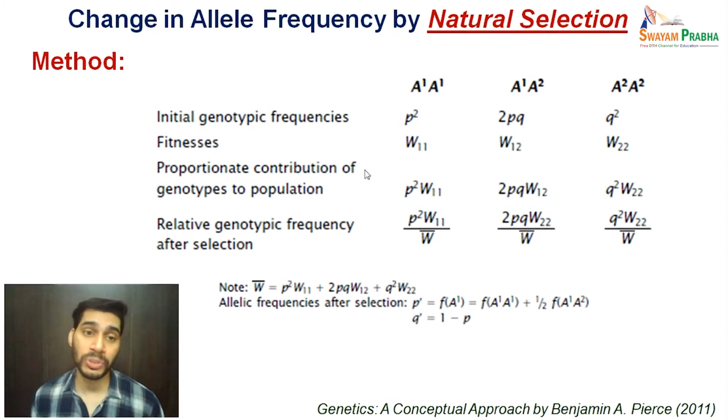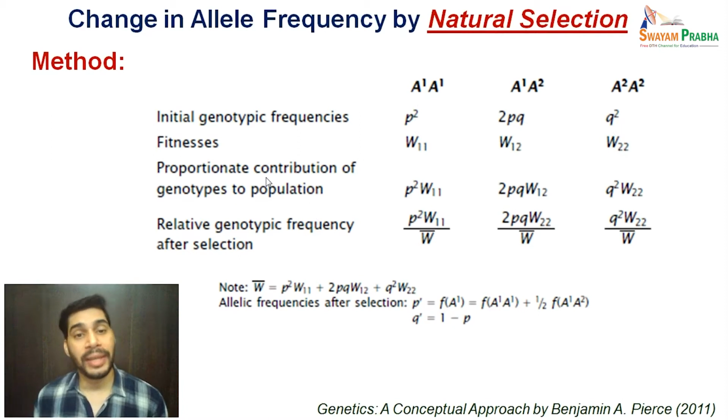Now, the proportionate contribution of a genotype to the population will be its genotypic frequency multiplied by its fitness. For this genotype, it is p square W11; for this one, its frequency 2pq multiplied by the fitness W12; and for this genotype, it's q square multiplied by W22.